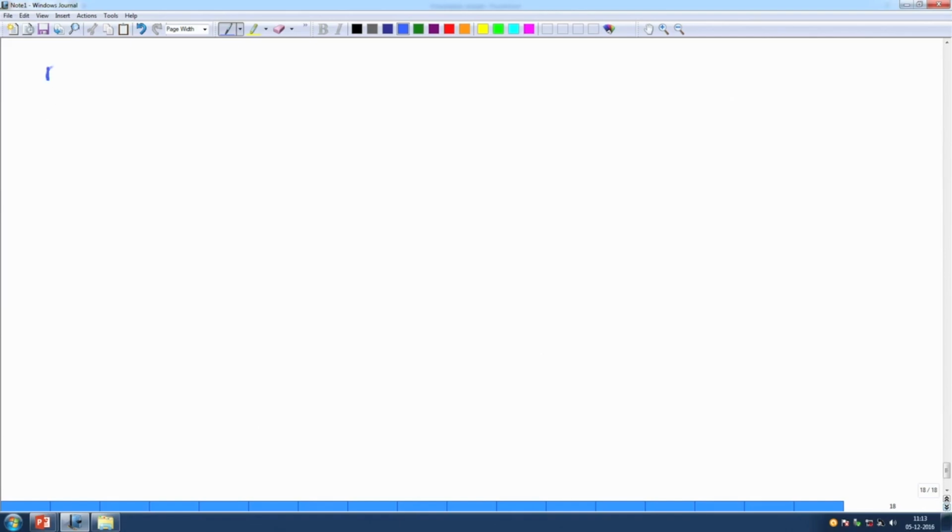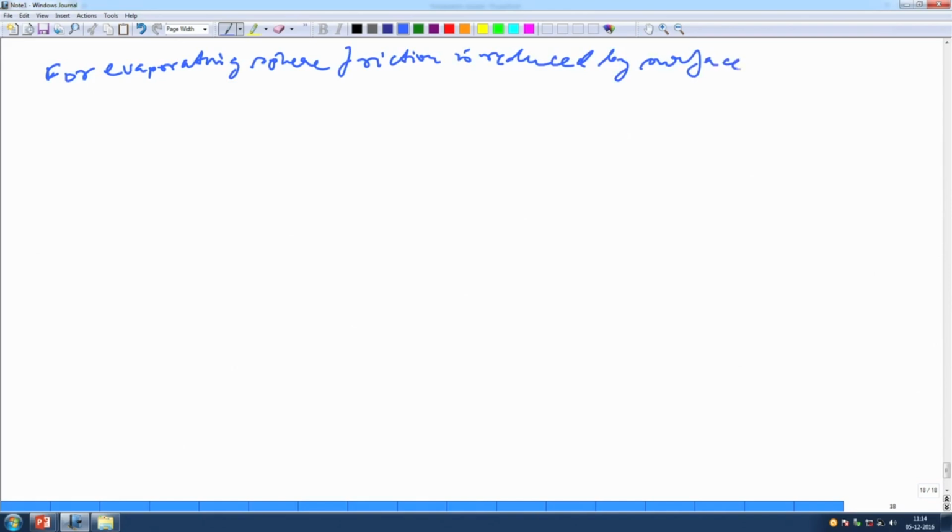For an evaporating sphere, so this was non-evaporating, friction is reduced by surface blowing. By surface blowing, the friction is reduced.